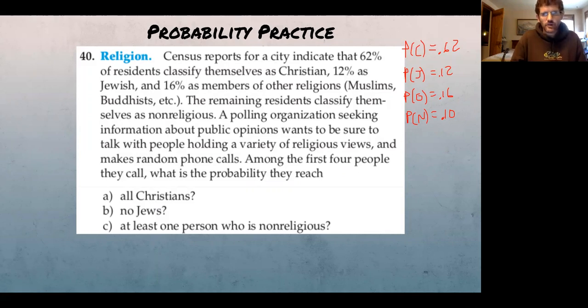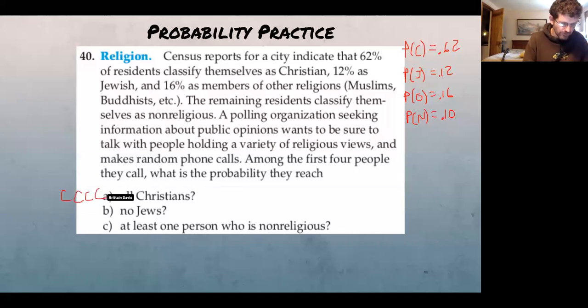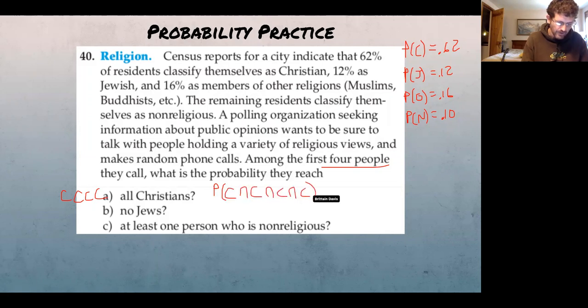So the probability that they're all Christians. Straightforward. The only way we succeed at this is if it's Christian, Christian, Christian, Christian. We're talking to 4 people. So this is basically just the probability of Christian and Christian and Christian and Christian. And when we do that, that's going to be 0.62 times 0.62 times 0.62 times 0.62.